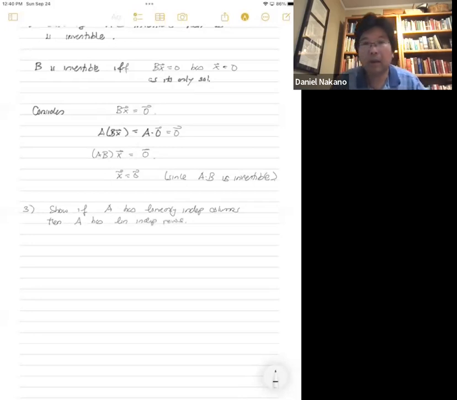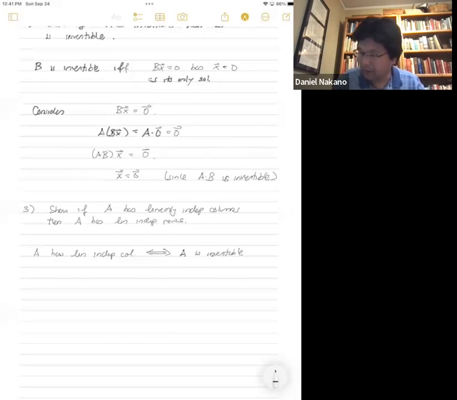Okay, so let's think about the equivalent statements. A has linearly independent columns if and only if, so this is my if and only if statement, A is invertible.